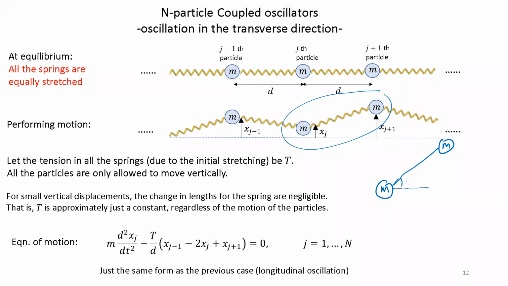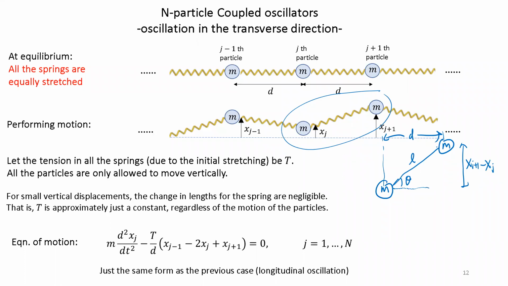This is theta. This distance over here is d, and let me call this length L. And now this vertical distance over here would be x_{j+1} minus x_j.